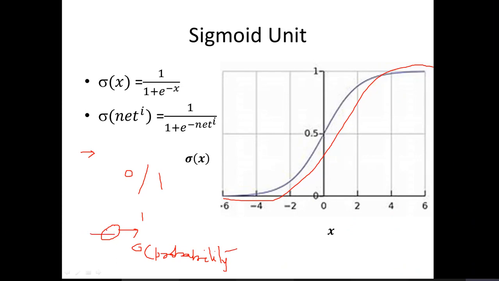I have input here, and this is my sigmoid unit. This is the output 0 and 1. So don't look at this 0 and 1 as the class label. Look at 0 as the probability of the input sample I bar belonging to class 1.